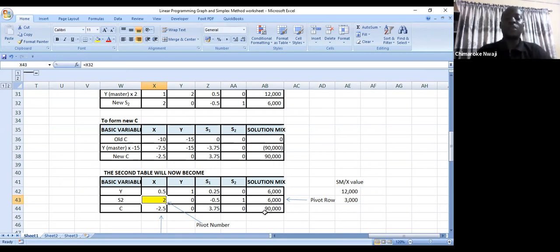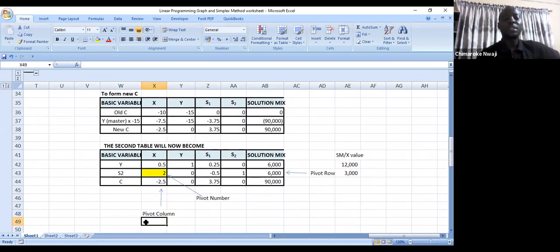And I said before, whenever there is a negative value, optimality has not been achieved. So if you see here, there is a negative value. So it means that possibility of maximization is still up. So we have identified the pivots. This is the only negative here. So it means that 0.5 and 2 are contesting for the throne.